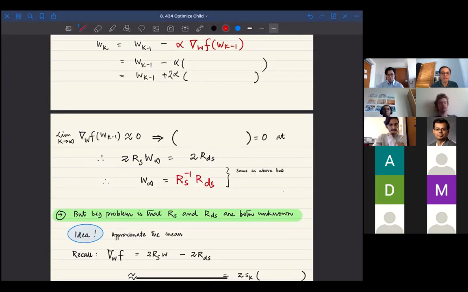But the only advantage of gradient descent here is that you don't need to invert the RS matrix.